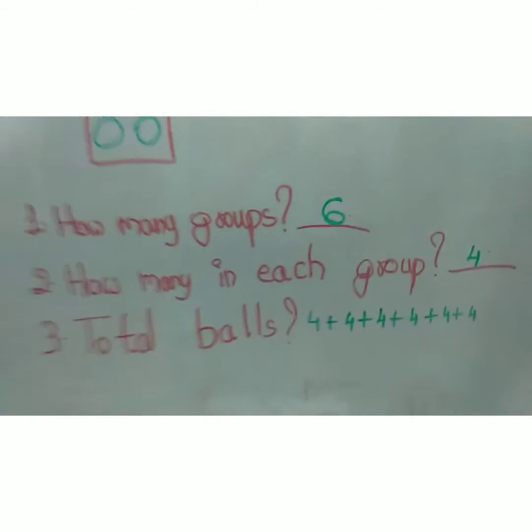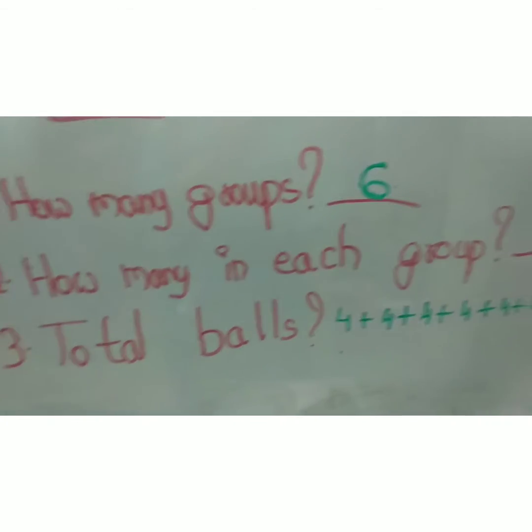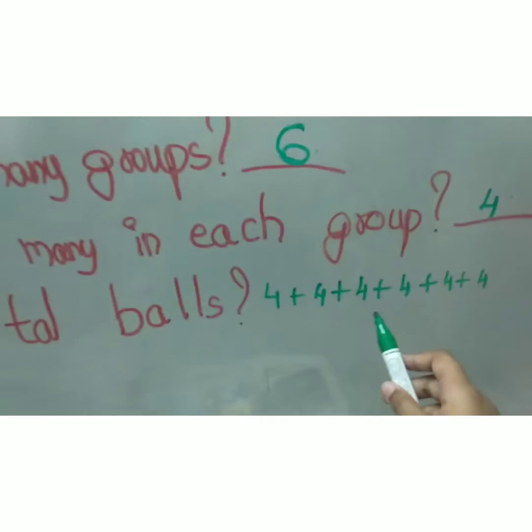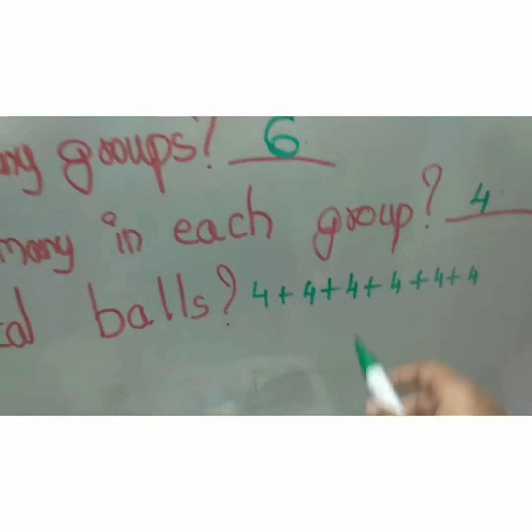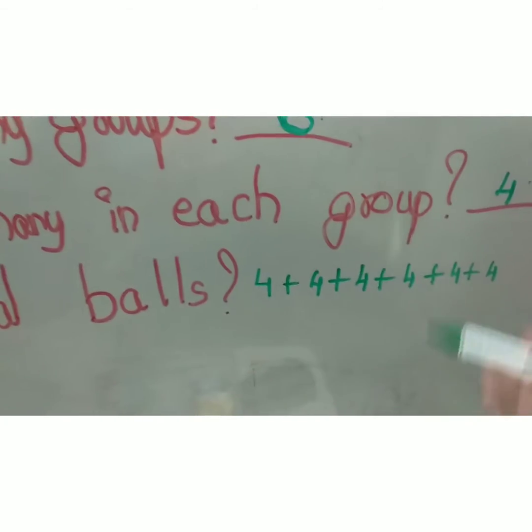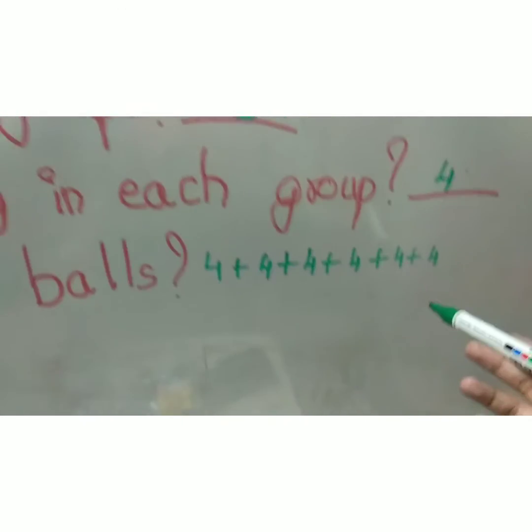So, 4 plus 4 is 8. 8 plus 4 is 12. 12 plus 4 is 16. 16 plus 4 is 20. 20 plus 4 is 24.